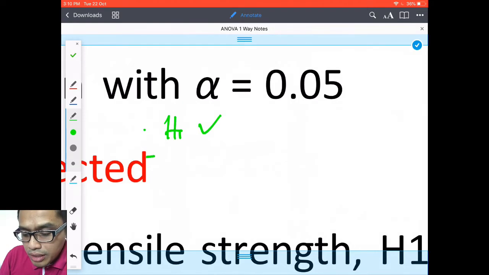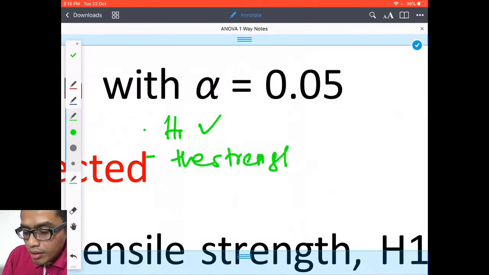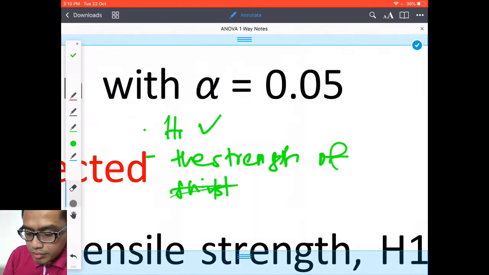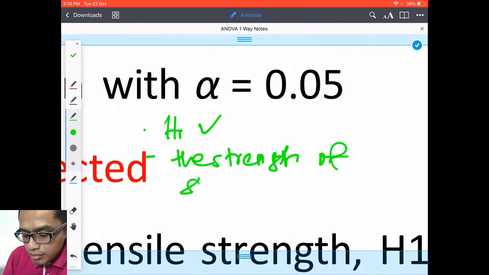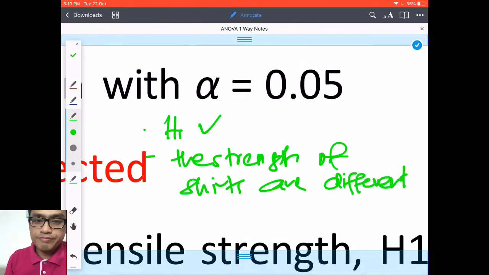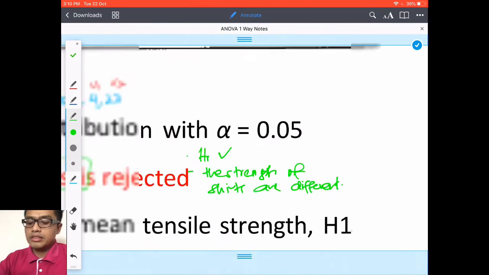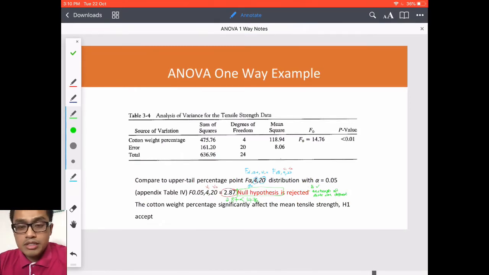It also means the strength of shirts are different. That means you need to find which one is the best.